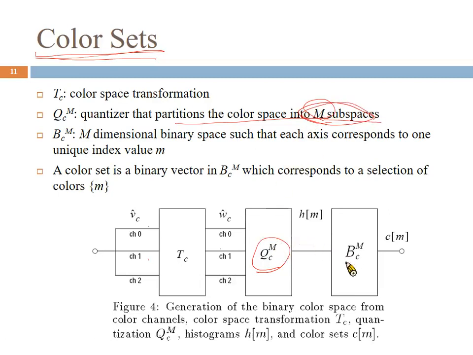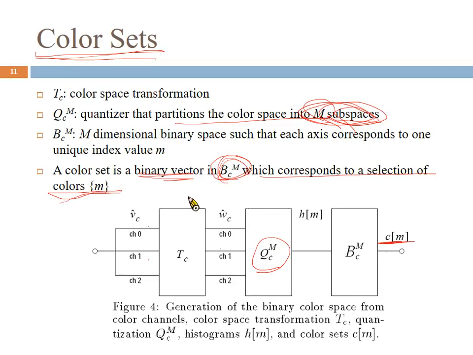And then if some pixel's color falls into one of the subspaces, then this subspace is labeled as 1. Otherwise, this subspace is labeled as 0. So that finally we can get a feature called color set. A color set is a binary vector in BCM, in this binary space, which corresponds to a selection of colors.